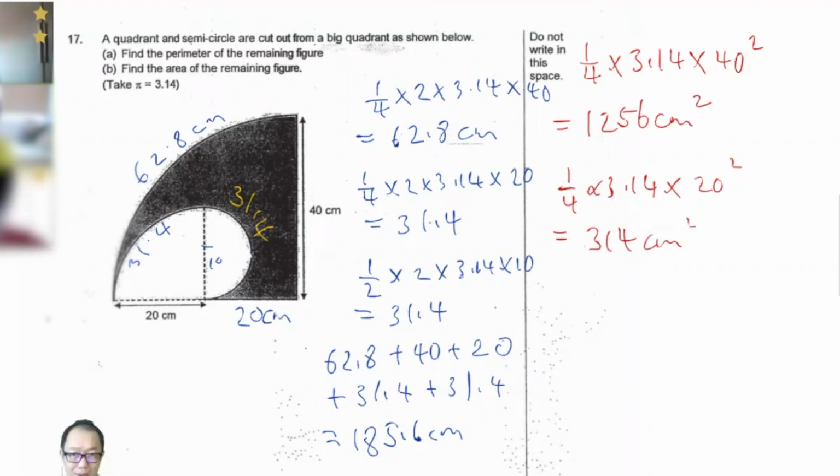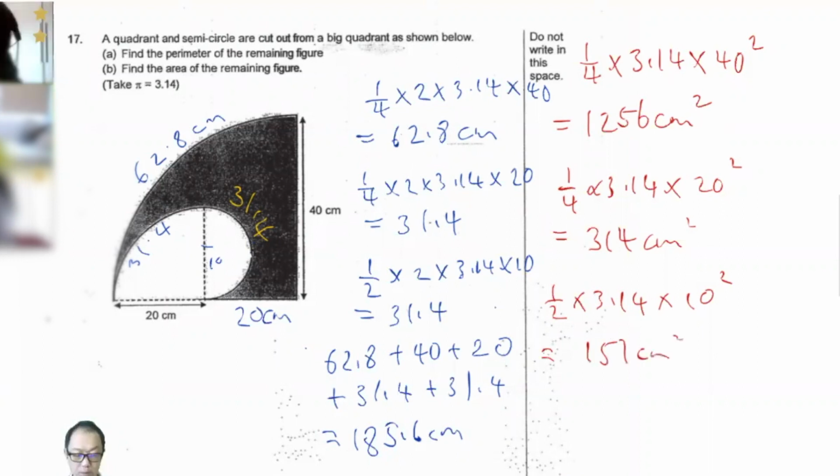And the semicircle, half times pi r squared. 157 cm squared.